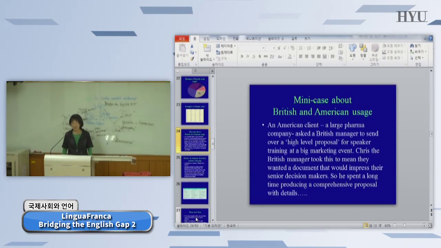So, for example, an American client asked a British manager to send over a high-level proposal for speaker training at a big marketing event. So the British manager thought, what does it mean, high-level proposal? He thought hard about what the client wanted.